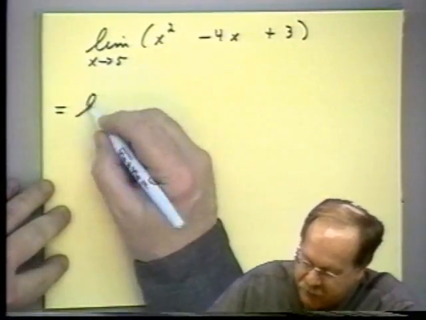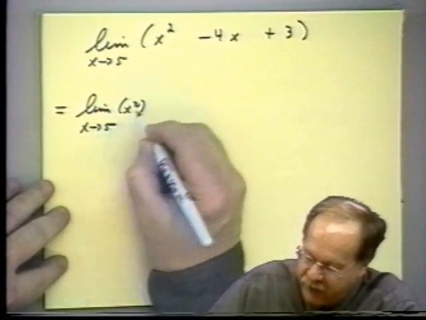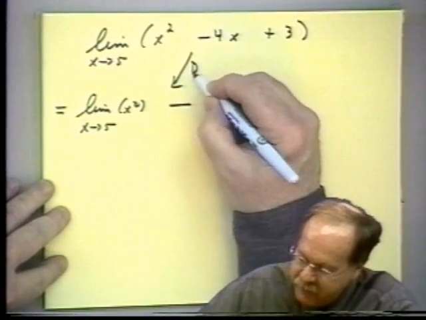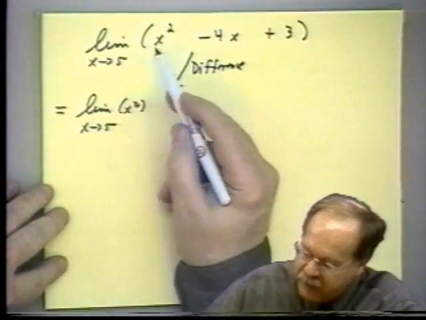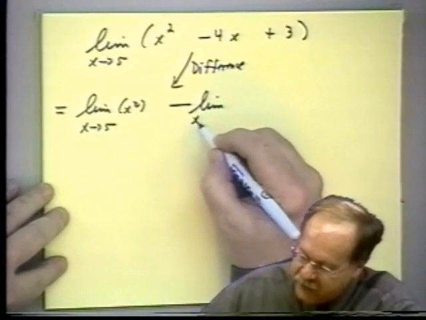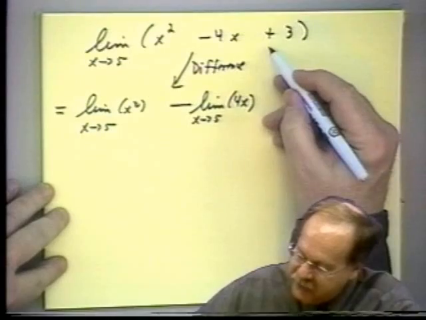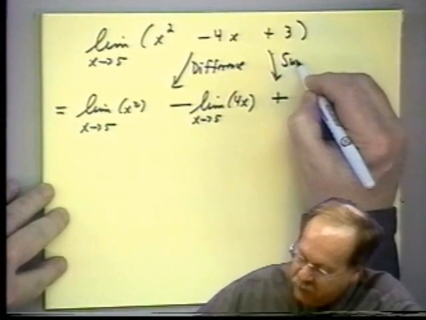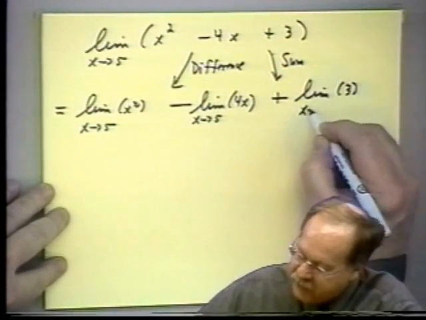So this will become the limit of x squared as x approaches 5 minus, and see, here's where the difference comes in, and this is the difference rule that we learned. The limit of a difference is the difference of the limits. So this is now the limit as x approaches 5 of 4x. Then we have a sum, and so we will add now. This is where the sum rule will come in, and we'll have the limit of 3 as x approaches 5.